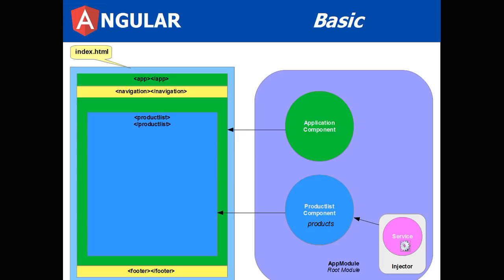Inside your application component template, you have a product list template. That product list template has a backing component called product list. That particular child object has a service injected into it at construction time, and that product list object calls, let's say, a web service, gets results, and renders the product list in its template.